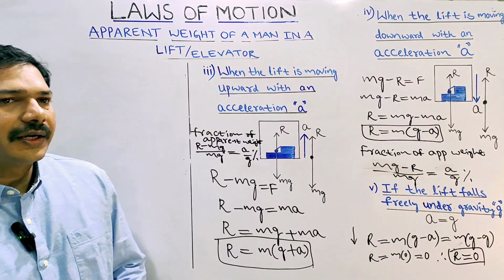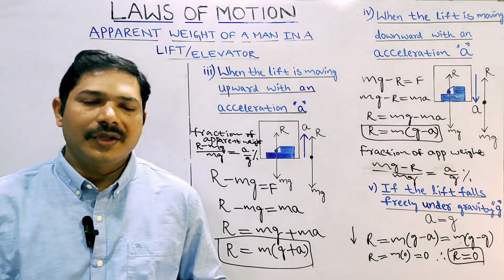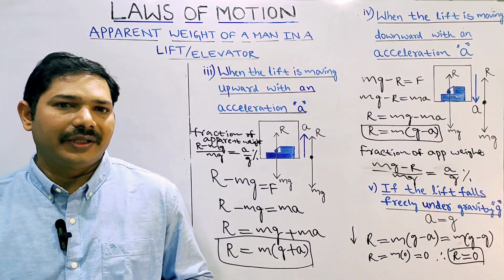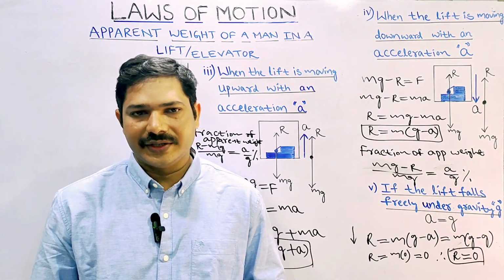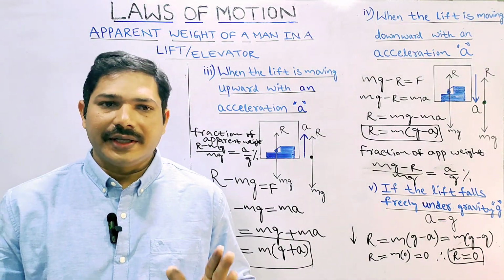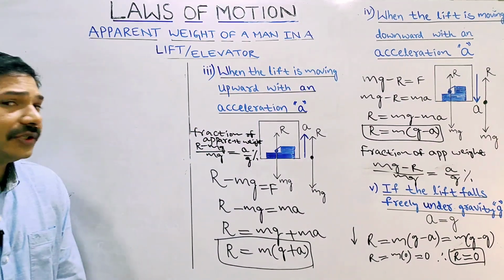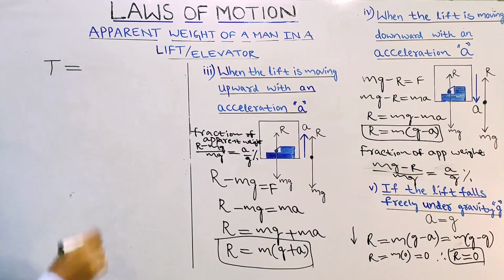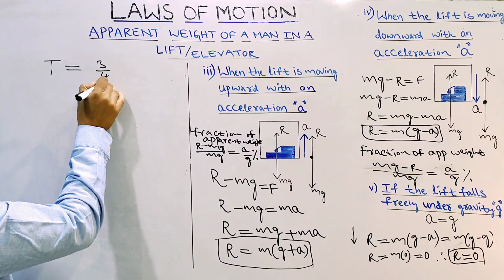In this case, a fireman wants to slide down with the help of the rope. The braking load of the rope is given as 3 by 4th of mg, his weight. So to what minimum acceleration should he slide down, they are asking. The braking load is nothing but the tension, which they are saying is 3 by 4th of mg.